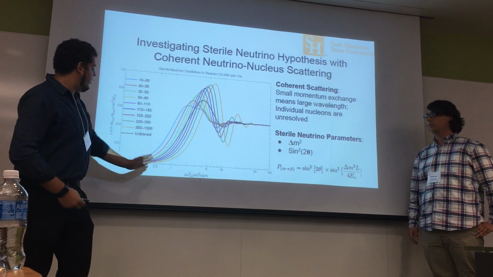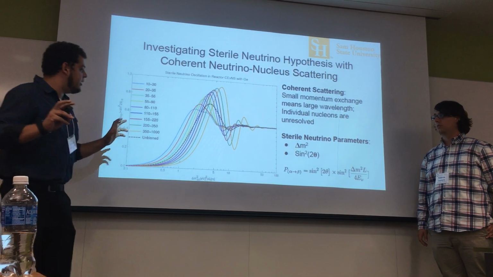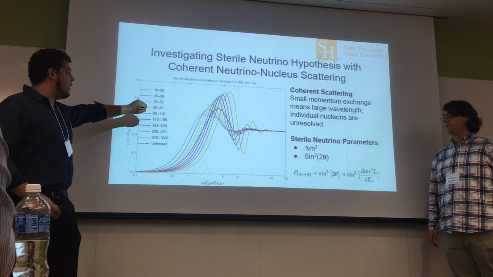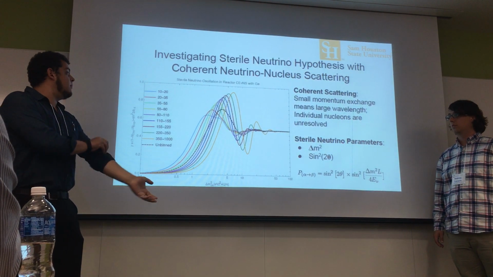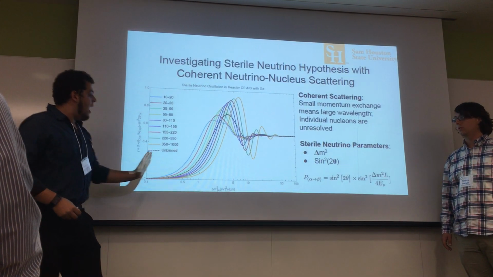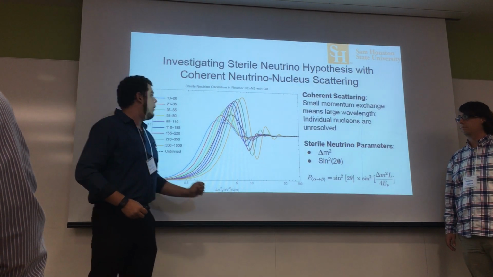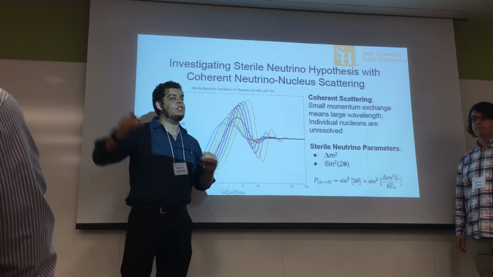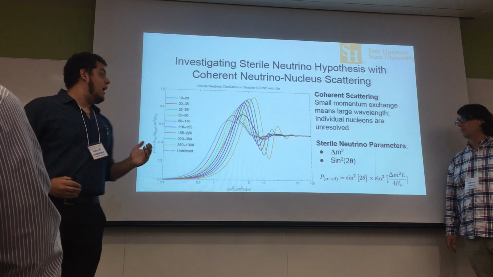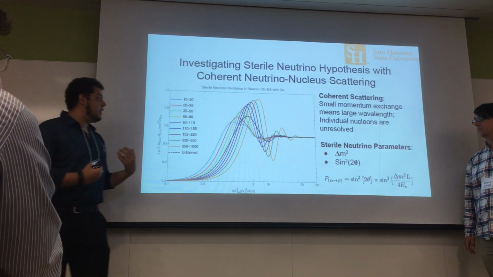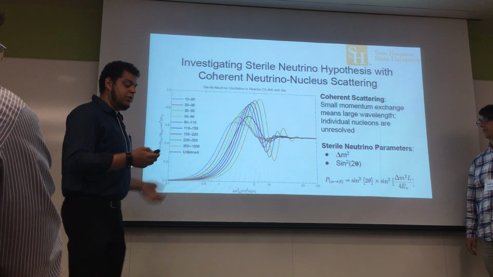We can see that for shorter distances, the smaller energy neutrinos seem to show a higher deficit than the higher energy ones. As you go further and further away, the higher energy neutrinos seem to show a bigger deficit. So there's this switch after some point. If that can be observed by measuring the neutrino flux at different lengths, it can be a smoking gun for the sterile neutrino hypothesis.